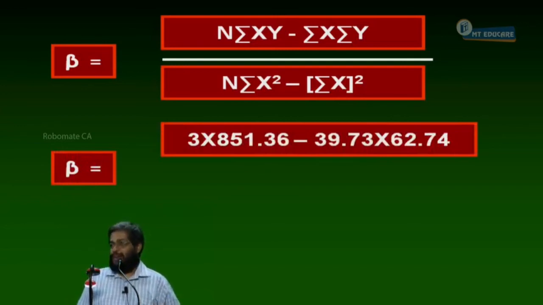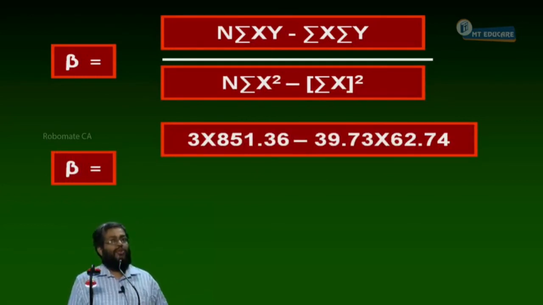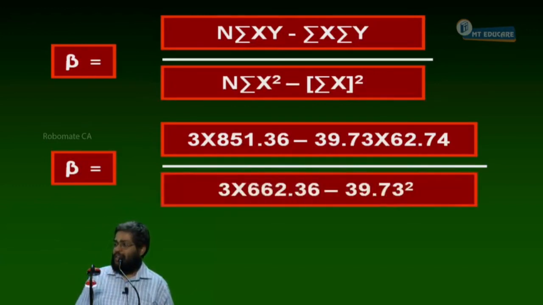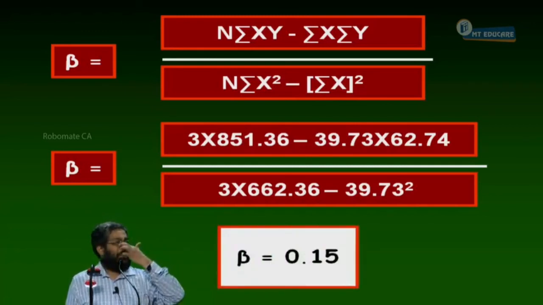Whole divided by n into sigma x squared, that is 3 into 662.36 minus sigma x the whole square, 39.73 square. If I simplify it, I should be getting 0.15 as beta. Beta is equal to 0.15.